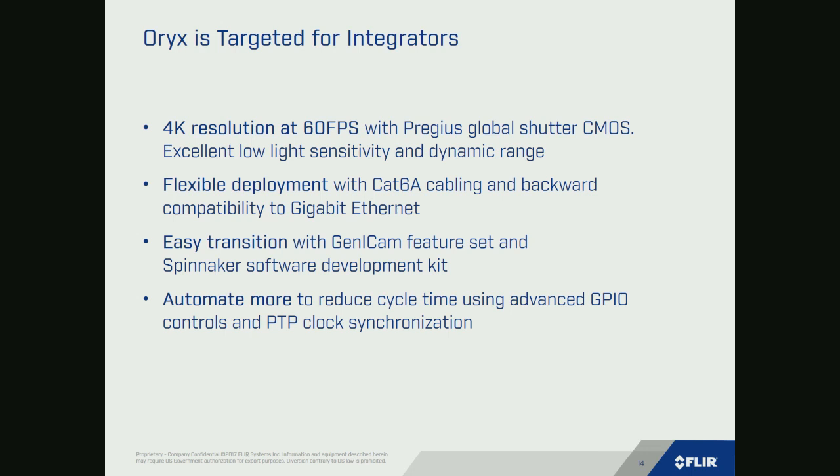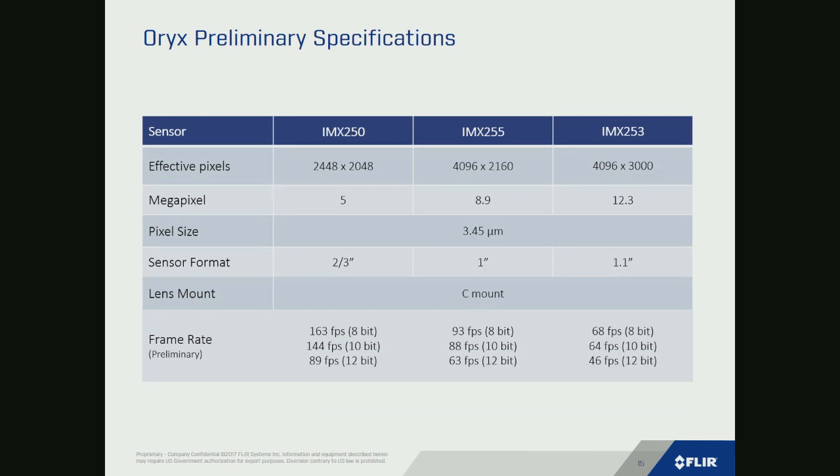We're also providing tools to allow users to automate more on board the camera, like advanced GPIO controls and clock synchronization. The preliminary specifications for the first 3 models we're going to launch are all based around Sony Pregius global shutter sensors: the 5 megapixel, 8.9, and 12.3.